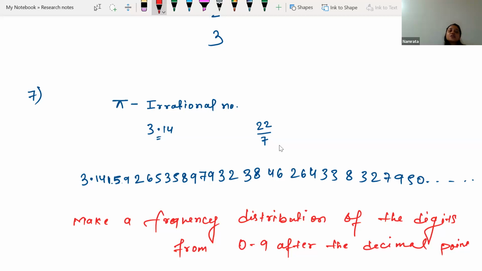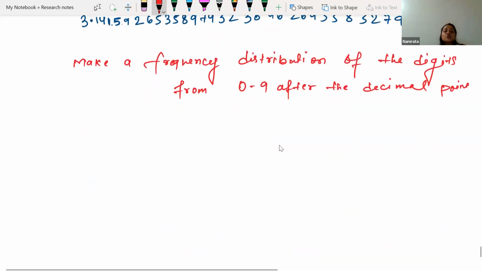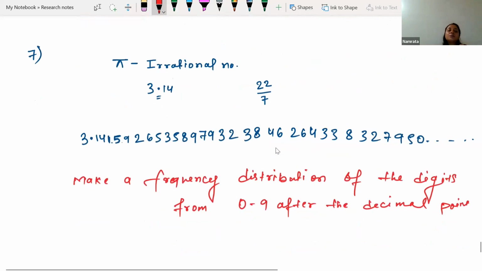As you can see, it says to make a frequency distribution of the digits from 0 to 9. Okay, please don't get confused that we will be taking up to 9 places only. No, it doesn't say like that.